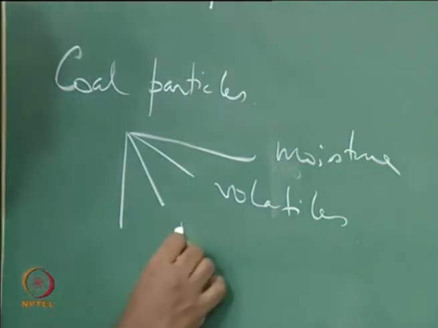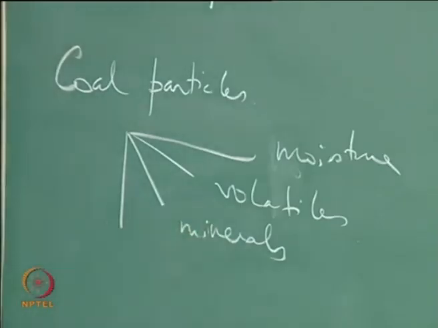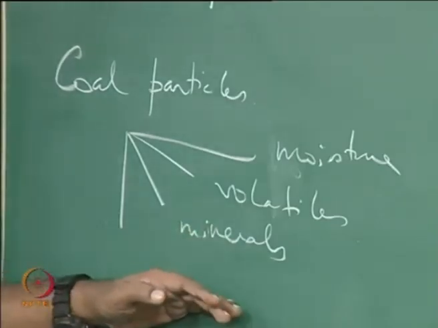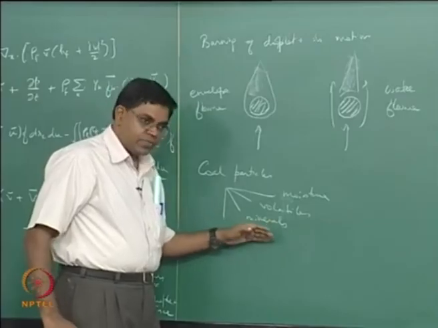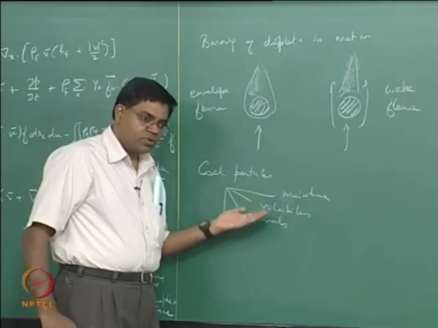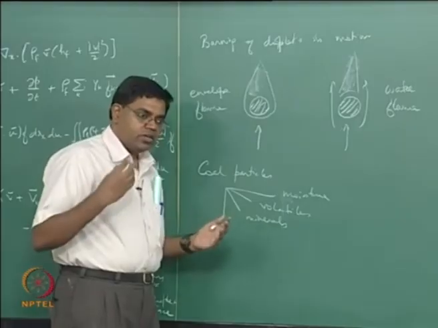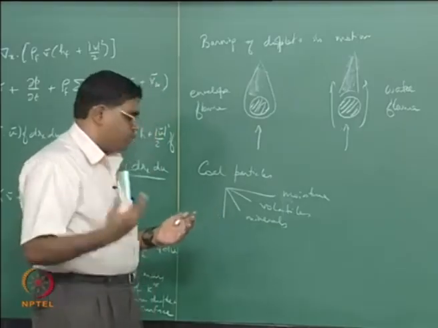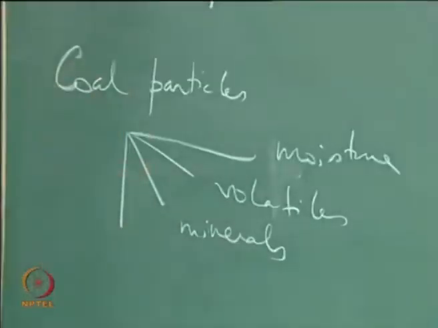Then you have the minerals, which are bad because they are not going to aid the combustion, but they are finally going to bring in ash and what's called slag. So this ash could in the combustion zone become a molten region, and then as molten liquid droplets, they could get splashed against the combustor walls and so on.